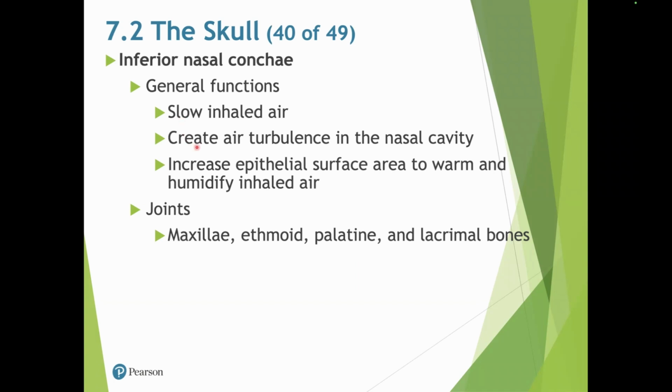It also creates air turbulence inside that nasal cavity, sometimes a little bit too much when it becomes too big of a snore, right? It also helps to humidify the air that is coming into that nasal cavity. It's going to articulate with the maxillae, the ethmoid, palatine, and the lacrimal bones.